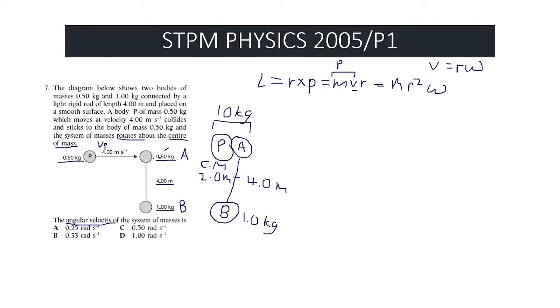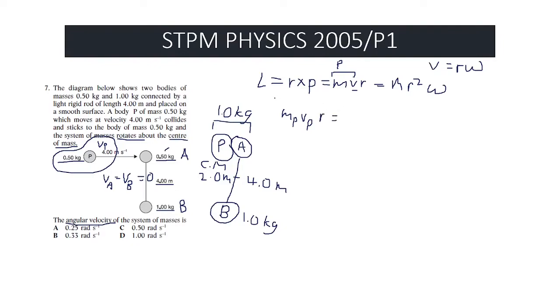Now initially, A and B are at rest, so the velocities of A and B are equal to 0. All the momentum is inside P initially, so we have the formula mp vp r.